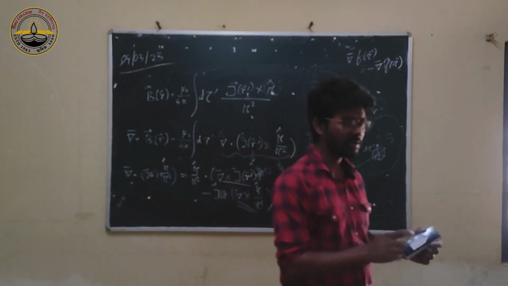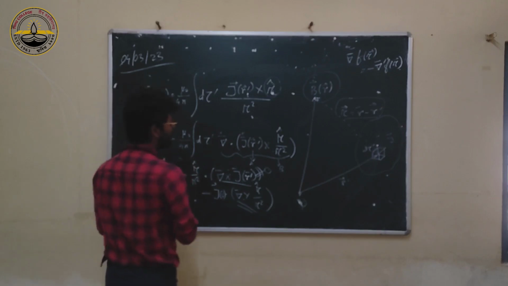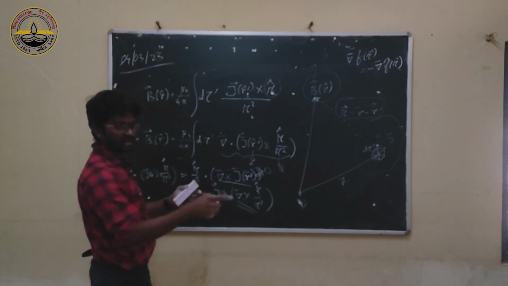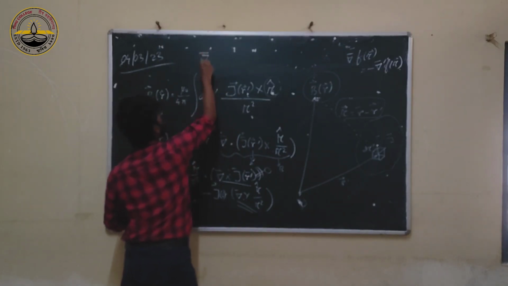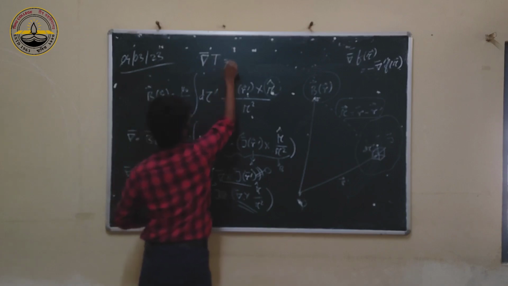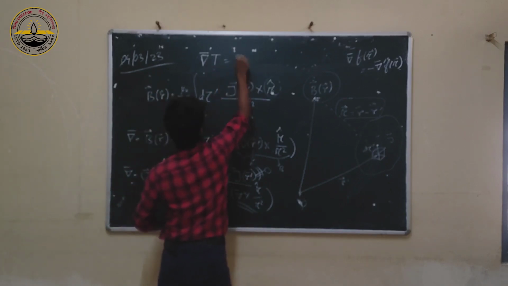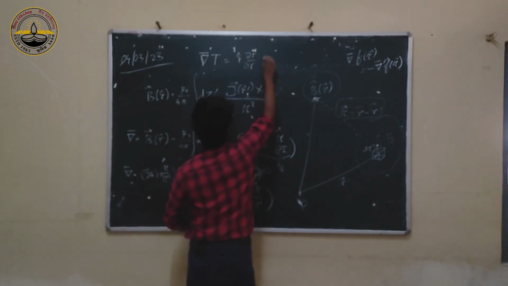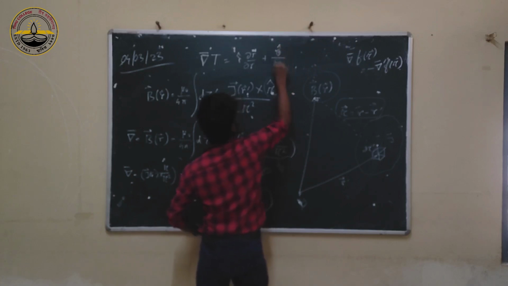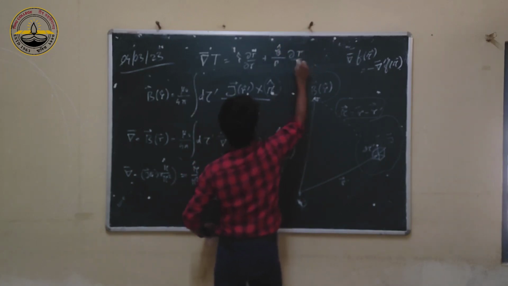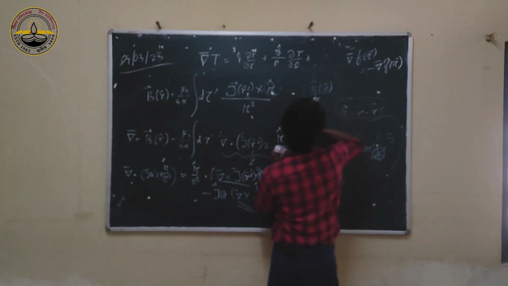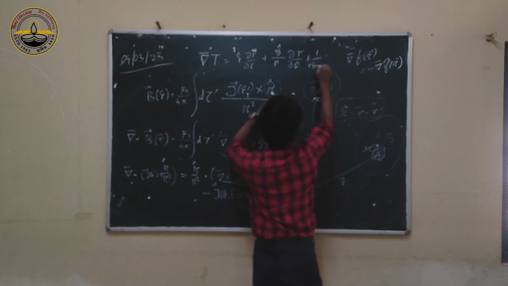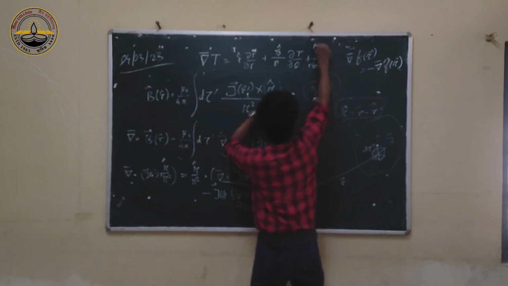Spherical polar coordinates, have you done? In Cartesian coordinates, this was x cap del del x, del del y, del del z. In spherical polar, del of anything, let's say some t, is r cap del t by del r plus 1 over r, theta cap, del t over del theta, plus 1 over r sine theta, phi cap, del del phi.